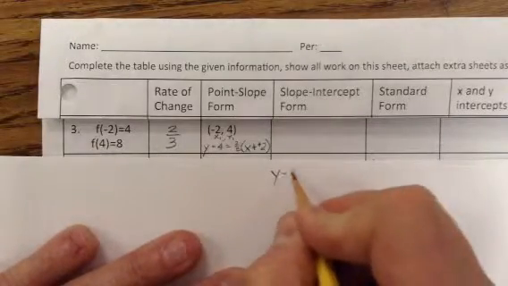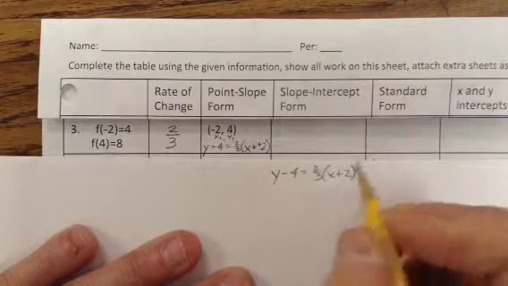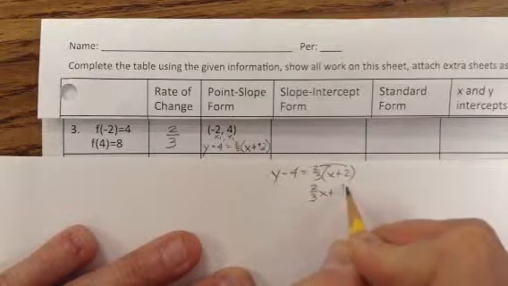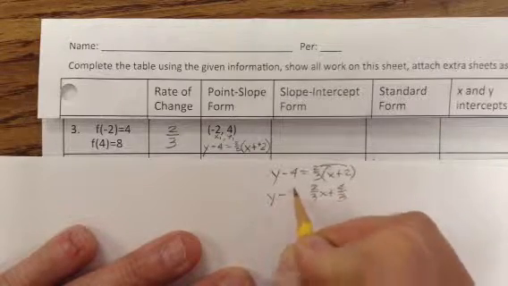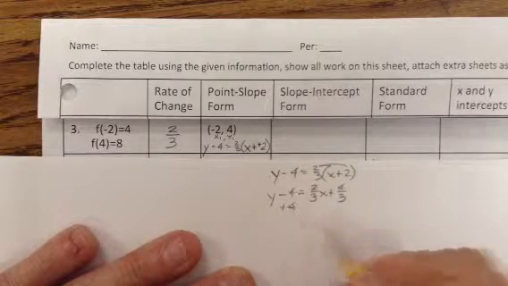Slope-intercept form, we'll now take this starting point, y minus 4 is equal to 2/3, x plus 2, we'll distribute and get 2/3 x plus 4/3, and then to solve for y, all we need to do is add 4 to both sides.